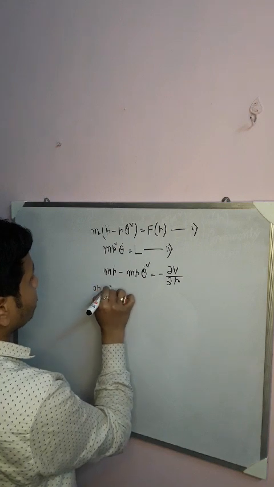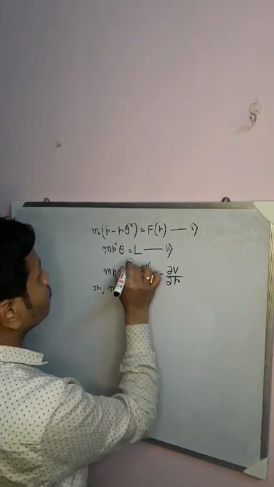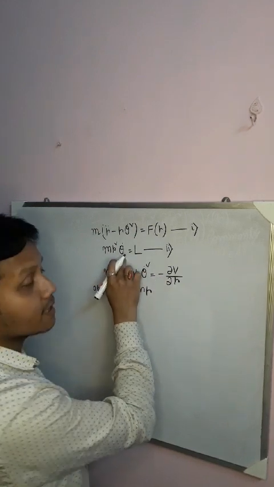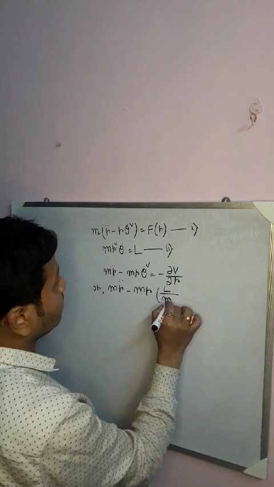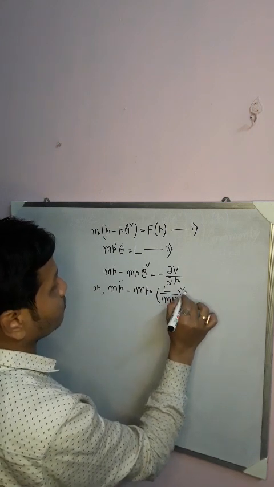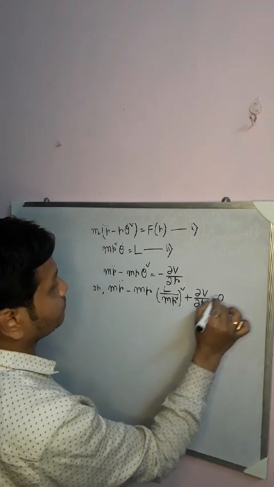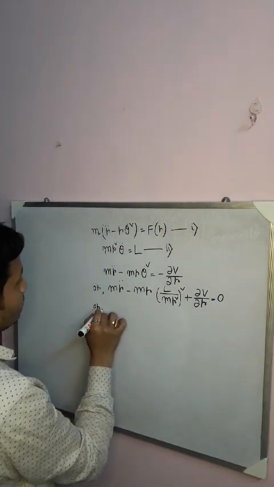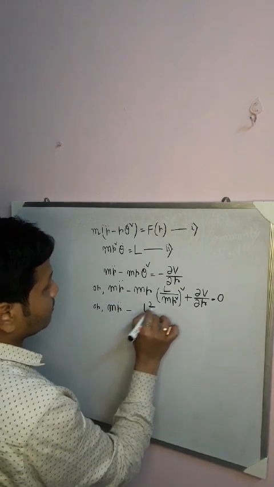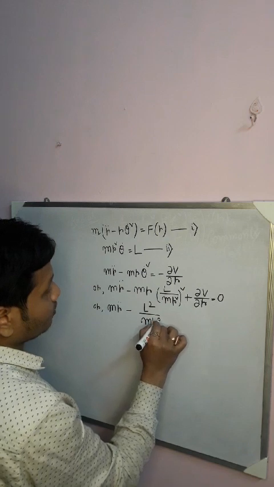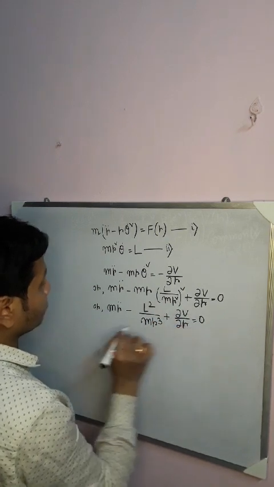So m r double dot minus m r, and from here we write theta dot equal to L by m r square, so L by m r square whole square, plus del V del r equal to 0. This is simply m r double dot minus L square by m r cube plus del V del r equal to 0.